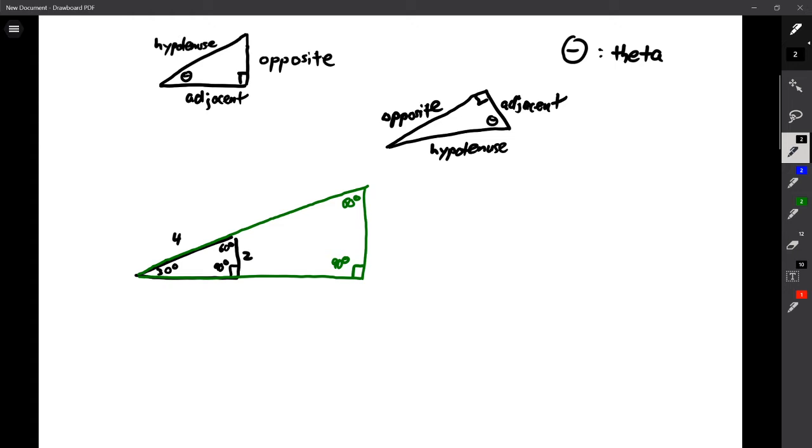The way that it works for a 30-degree angle is the ratio of opposite to hypotenuse is always a 1-to-2 ratio. In other words, the hypotenuse is always twice as big as the opposite of a 30-degree angle.